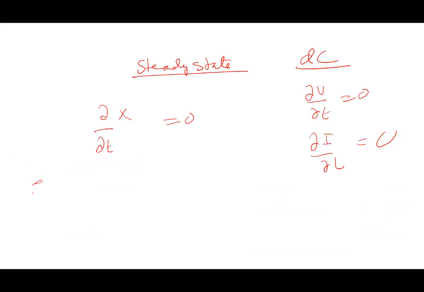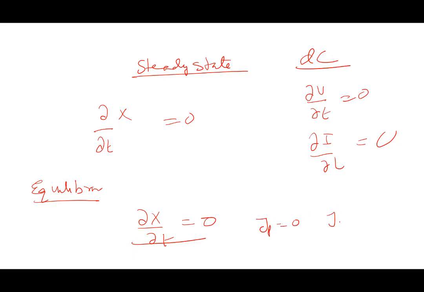And equilibrium. Equilibrium is not just steady state, del x by del t equal to 0. Of course steady state is a part of equilibrium, but also all the JPs, JNs are also 0.